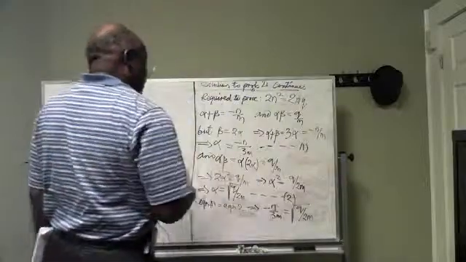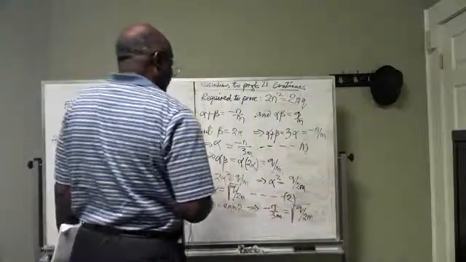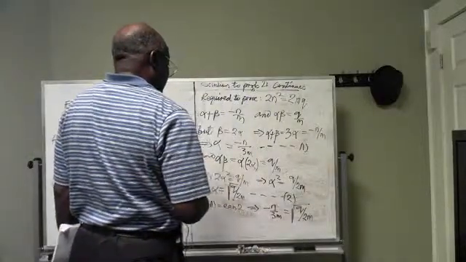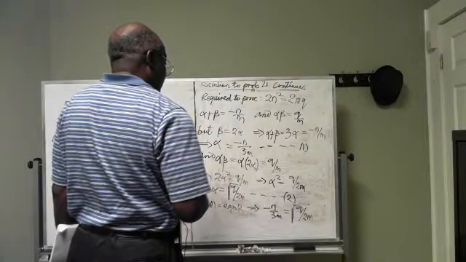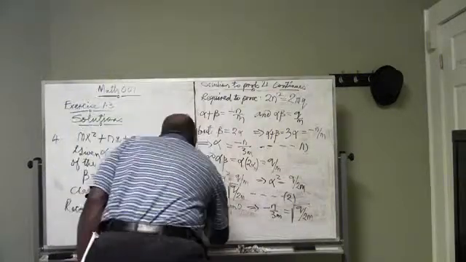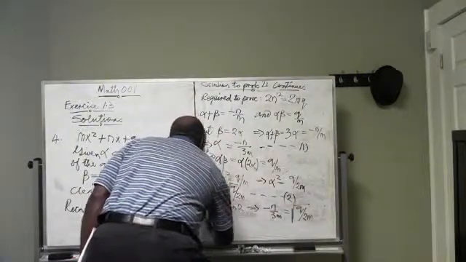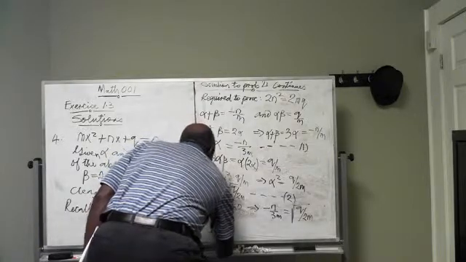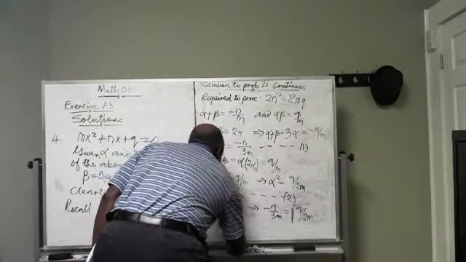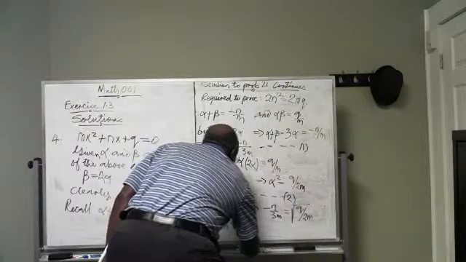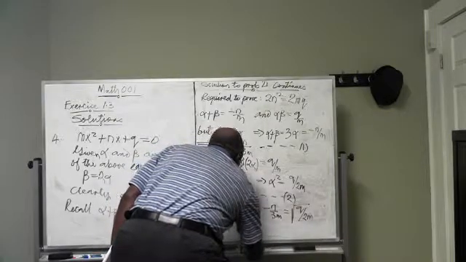So if we square both sides of this relation, this will give us n squared over 9m squared is equal to q over 2m.